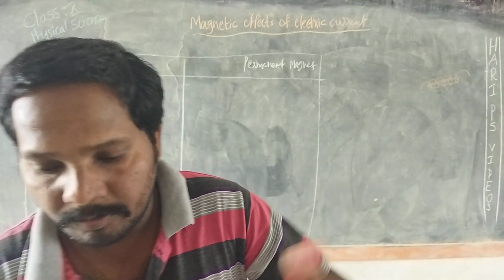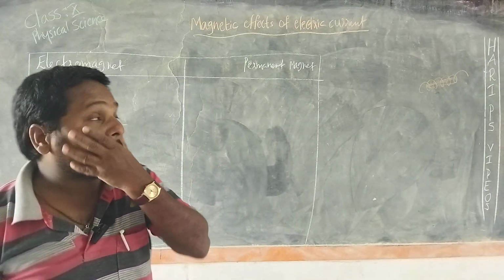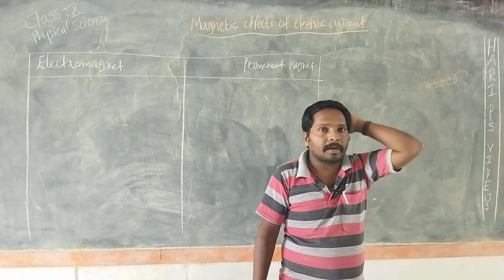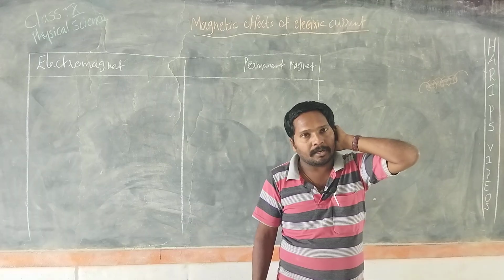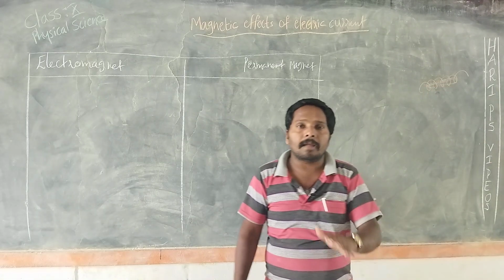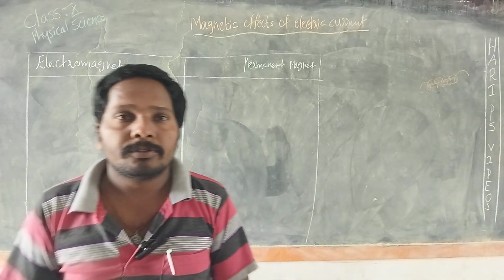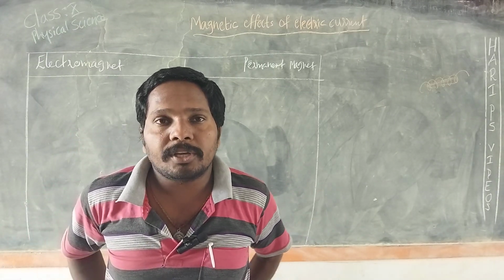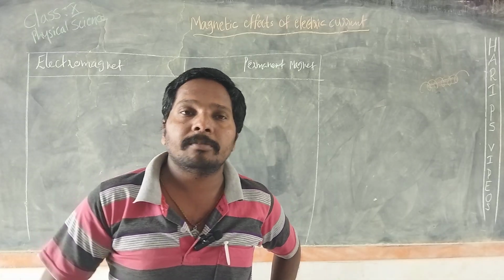Because of the magnetic field produced by the solenoid, the soft iron acts as a magnet. This method is called magnetization by induction.